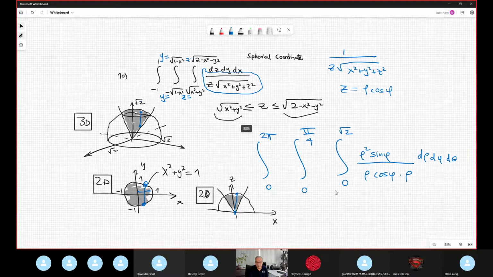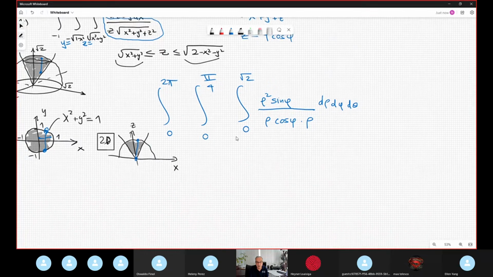Now, in the integral function, I forgot to say, obviously rho squares cancel, and sine divided by sine is tangent phi. And the rest is computation. This is extremely easy.